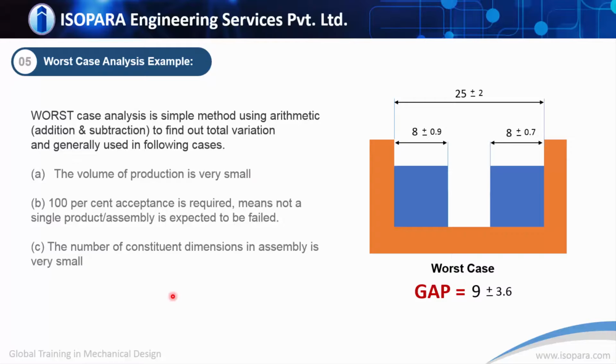This method should also be used when the number of contributing components to a given assembly is comparatively less, because in such a scenario, statistical tolerance analysis has higher chances to fail. The point to be noted here is that the worst case tolerancing method is known for giving the most conservative value of variation for a given gap.